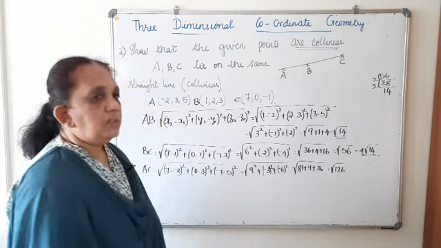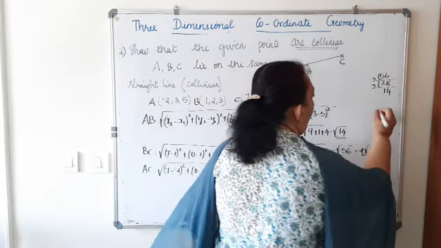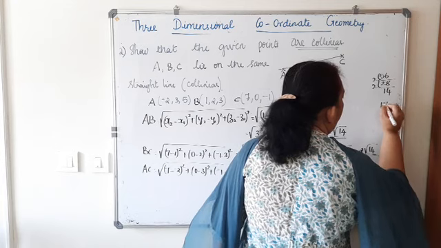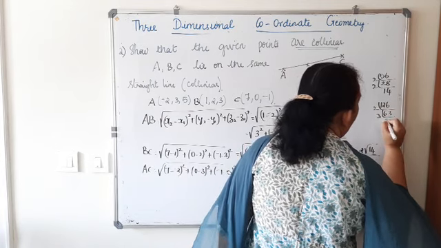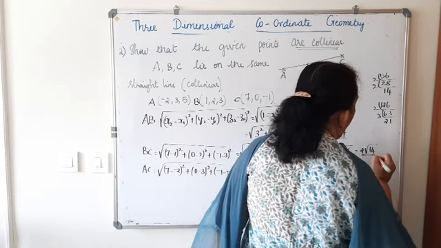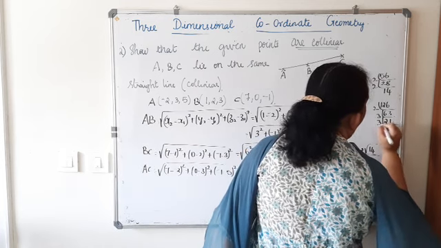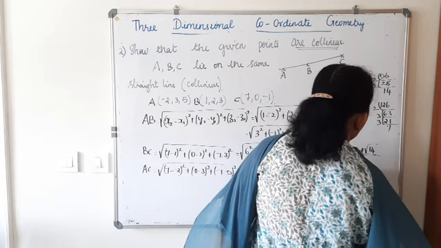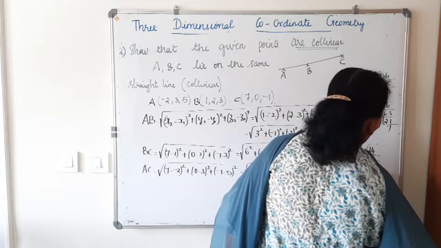So as such you cannot find there is any relationship. Find out root of 126. 126, 2 times 63, 3 times 21, 3 sevens are 21. So this is equal to 3 root 14.